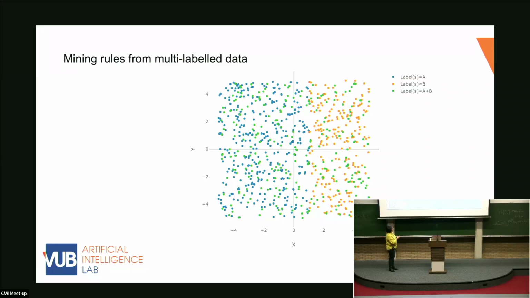But then you have situations where you have green dots. It's of course a synthetic example here, where the greedy action is not really clear. It could be A, but B is almost as good, or the other way around. So the green dots are basically happy to join whatever class. If you take this into account in your rule mining algorithm, you would get a very simple set of rules that can express the optimal policy.